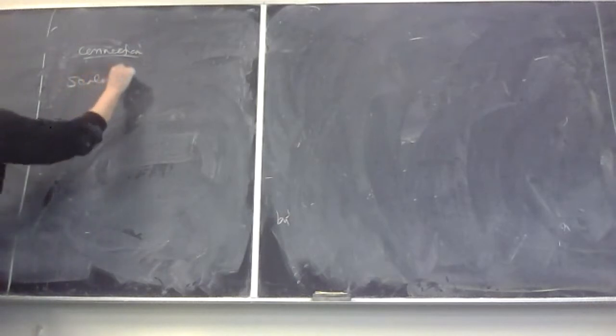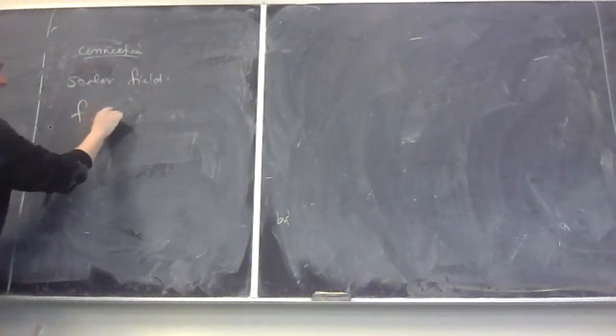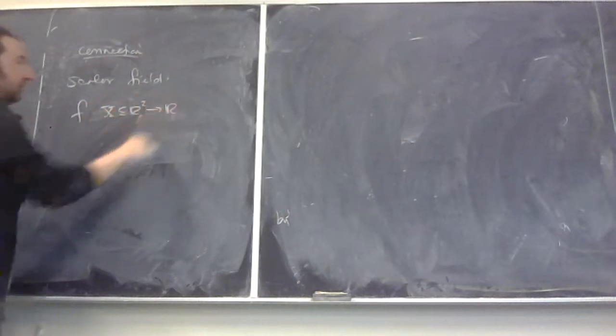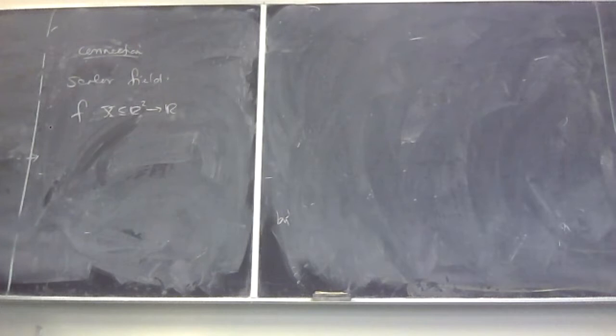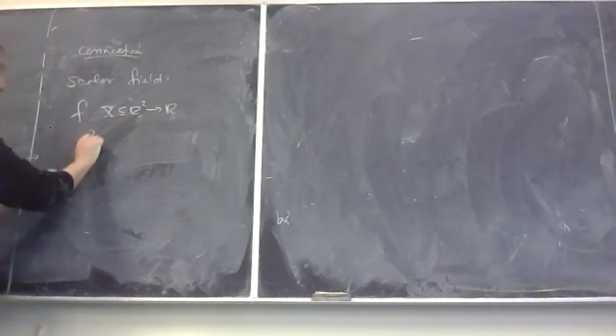By a scalar field, you can think of a function f. We'll just do it in two variables. We'll take some domain in R2 into R, so a scalar valued function. But now I'm going to think about this not as a surface sitting inside of R3. That is one way to interpret this. It's like you put an x and a y in and a z comes out.